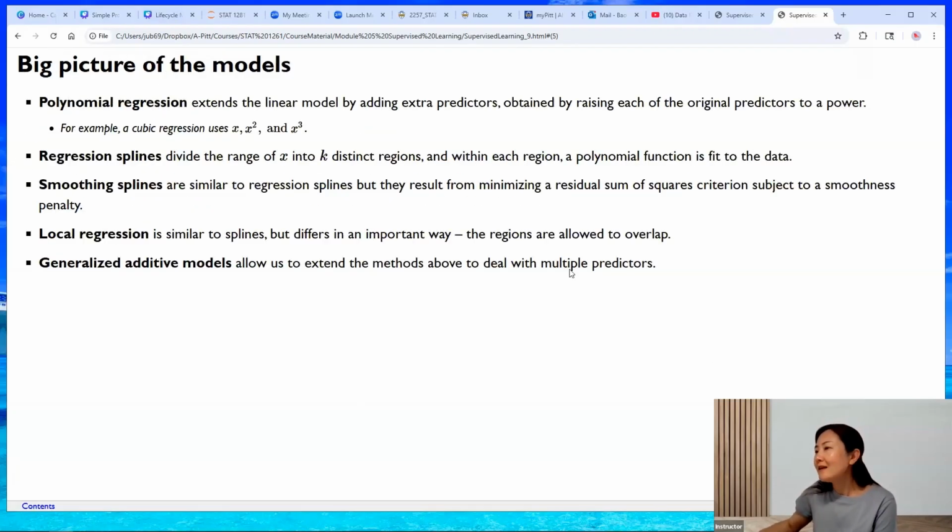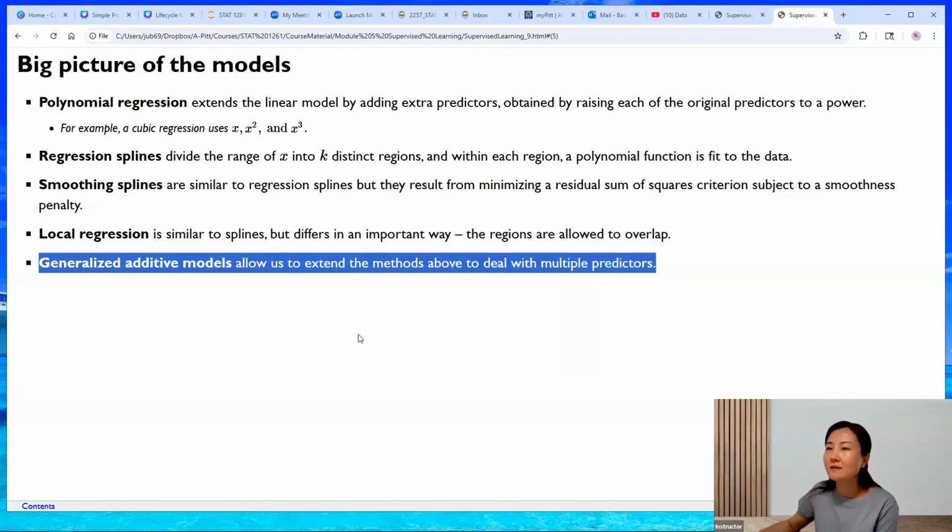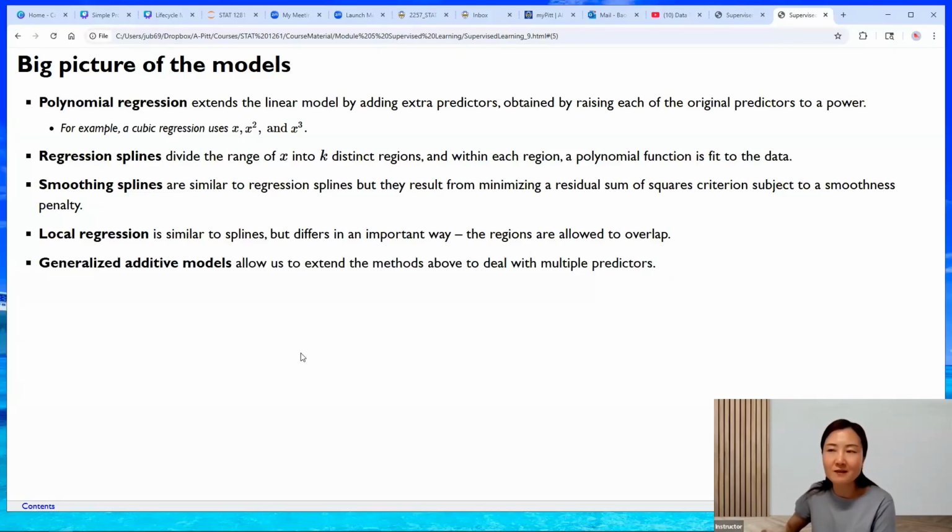This slide contains an outline of the models that we will talk about today, except for the last one. The last one is another level of extension, so I won't talk about it. I will talk about all of these from polynomial regression.